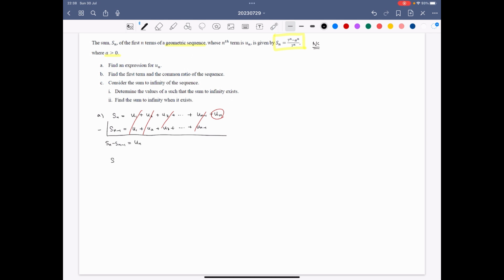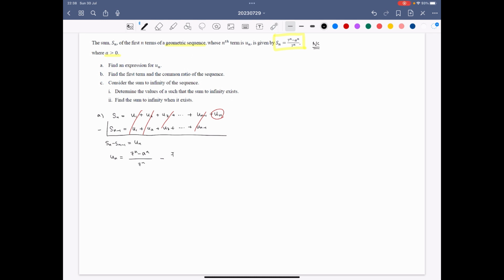So as we know that Sn is 7 to the n minus a to the n over 7 to the n. So I'm just going to write that as it is. And then if you're trying to find Sn minus 1, it's not that difficult. Just plug in n minus 1 into n in the formula.